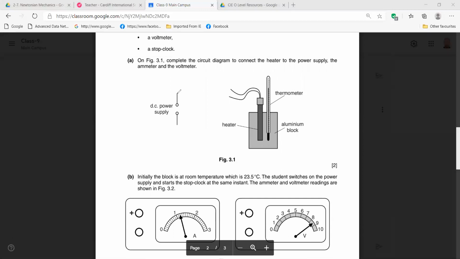Yes, sir. Ammeter should be connected in series. This one is series connection, and voltmeter should be connected in parallel with the heater.